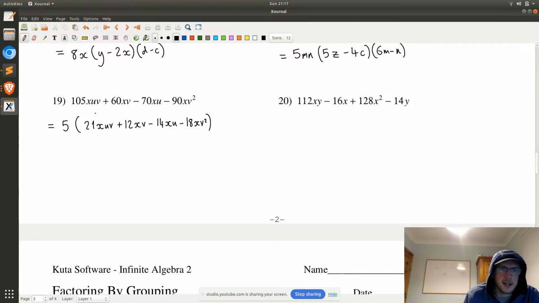Yes, I see it. 21xuv take 18xv squared plus, no, minus 14xu plus 12xv.